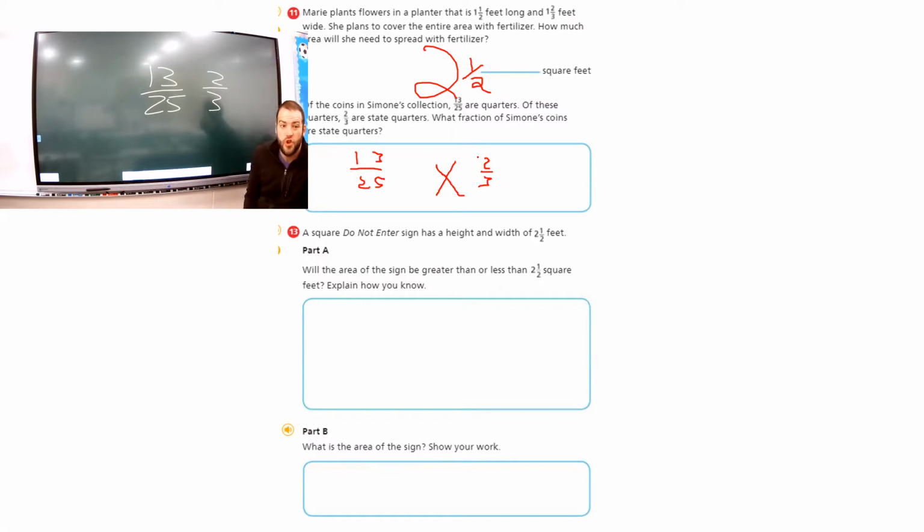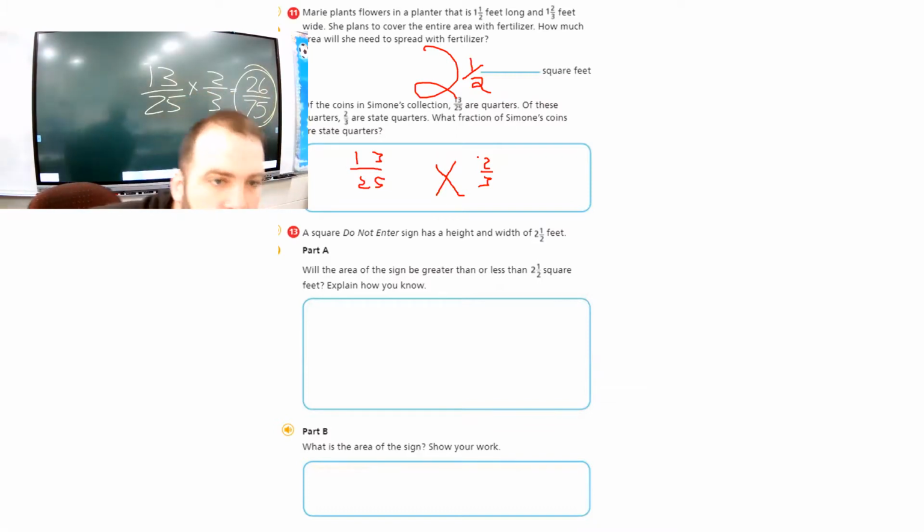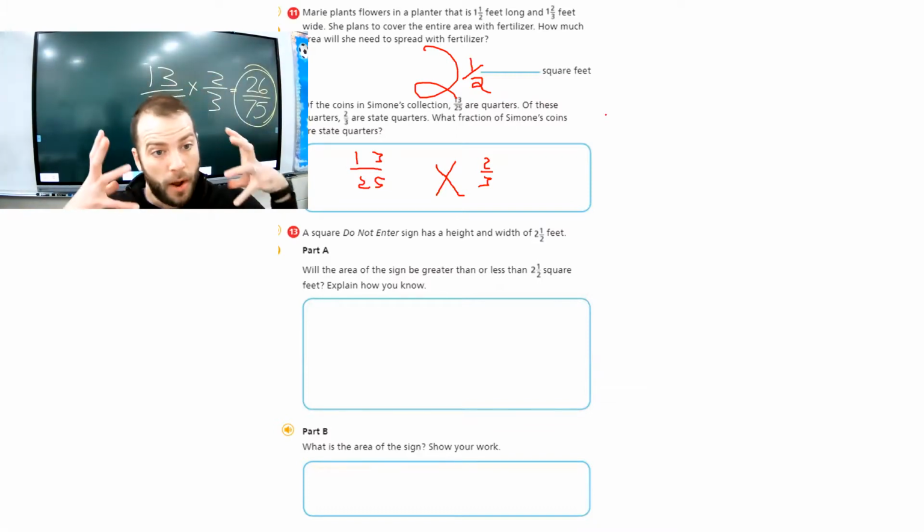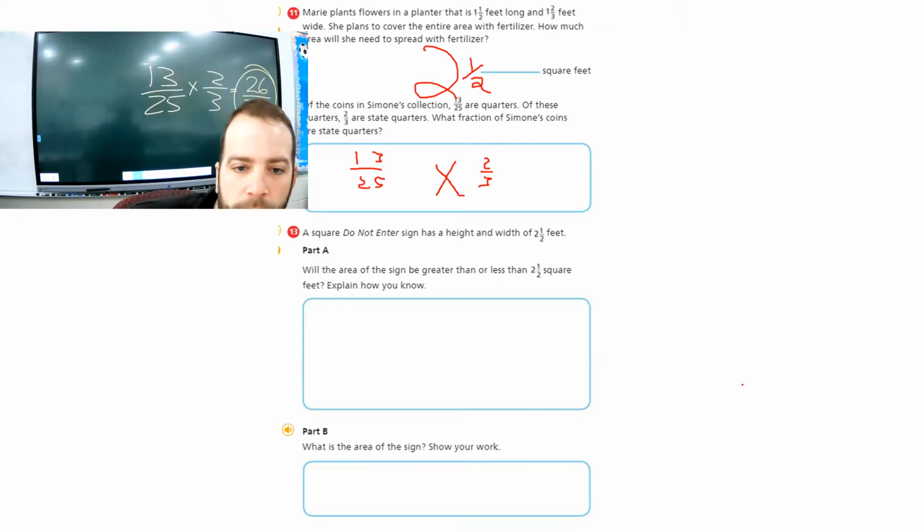Bummer here is there's nowhere to simplify first. I wish there was. So we have to just multiply across. 26 75ths. But the good thing is it's simplified, just like that. So 26 75ths is a big, huge fraction, like not large amounts, but big numbers. But it is simplified, so that's good.